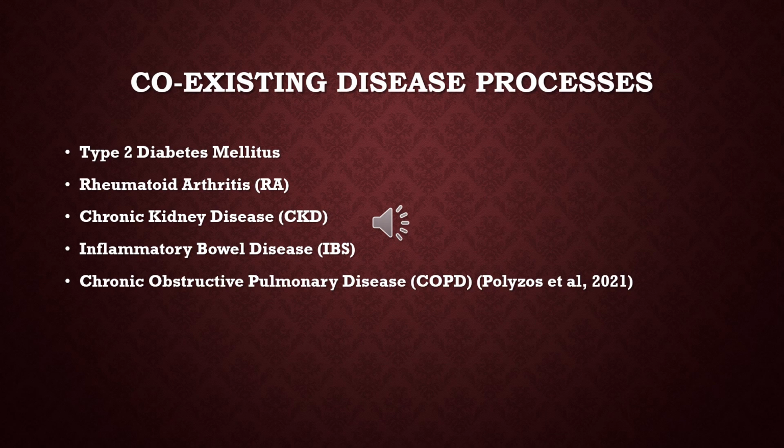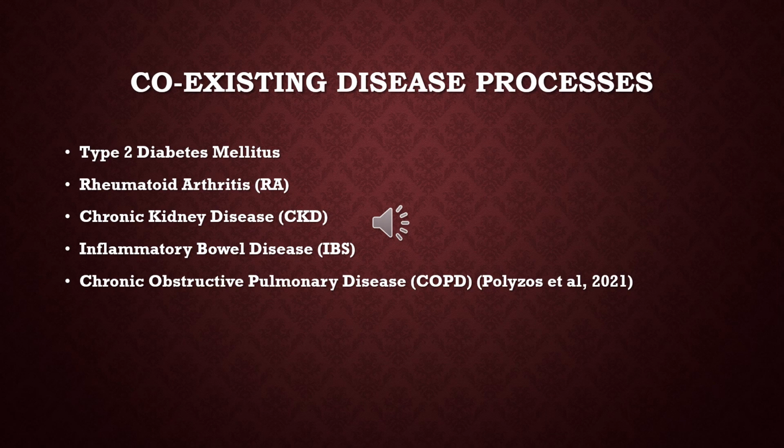Inflammatory bowel disease, including Crohn's disease and ulcerative colitis, again has chronic inflammation associated with it. The inflammation drives cytokine production, and this can contribute to, again, systemic inflammation and bone loss.